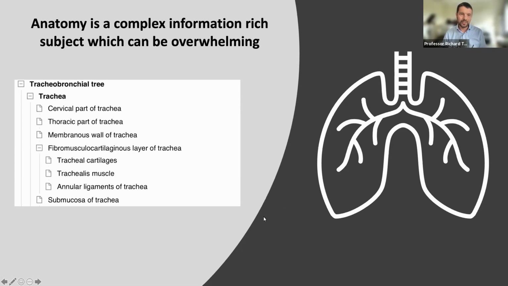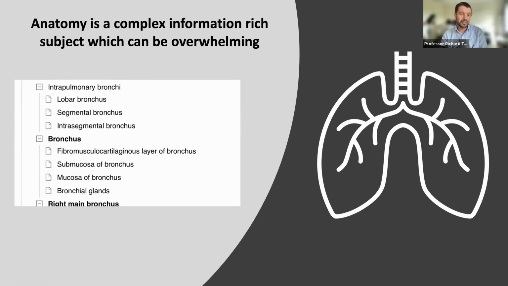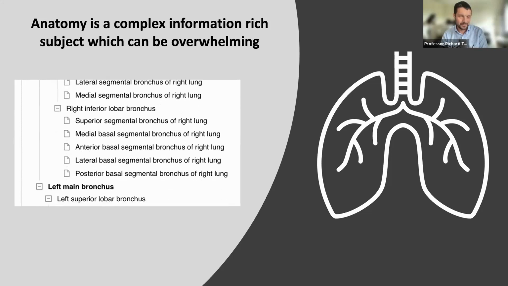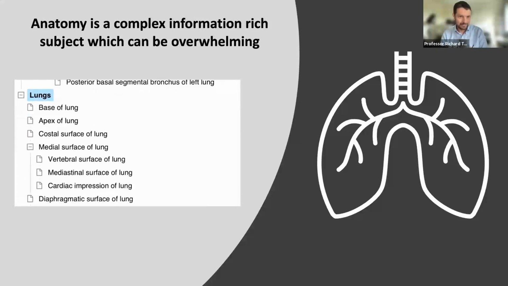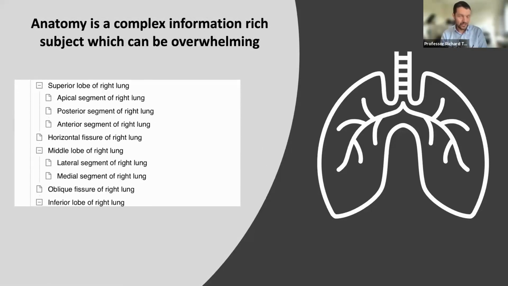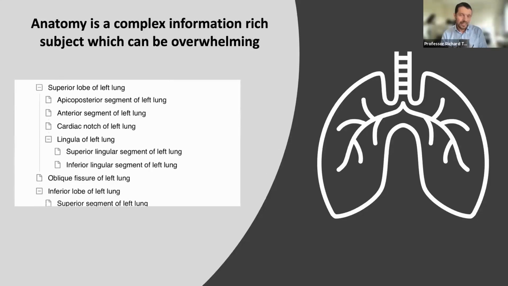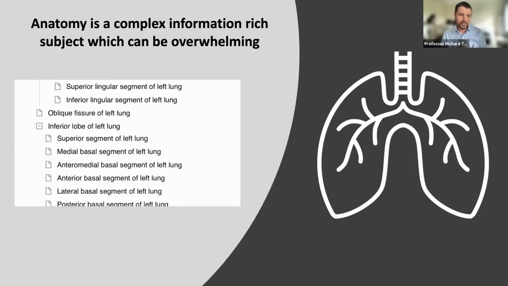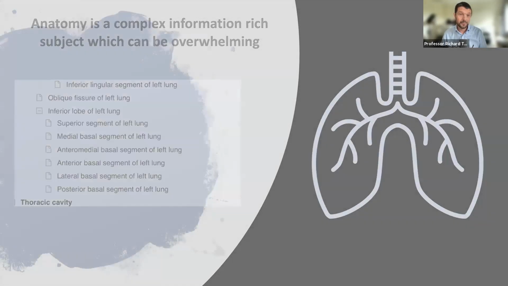This is a list of the official structures that sit within the tracheobronchial tree and lungs. So it keeps going, and it keeps going, and it keeps going. And yes, all of these structures can be found in the tracheobronchial tree and lungs. And this is one of the reasons why this is such a daunting subject area. So you need ways to break it down into bite-sized information that you can process.